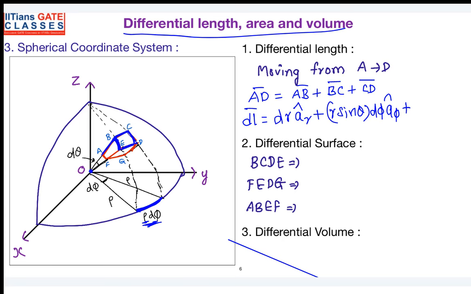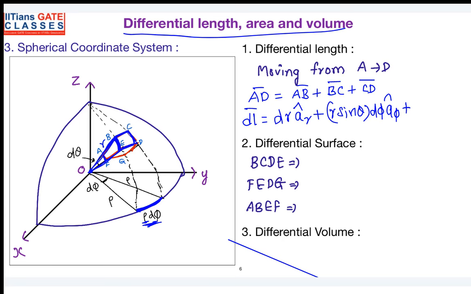So the distance from origin to B is r, and the distance from O to E is also the same radius r. There is a change in the angle, d theta. Since this represents the length of an arc, it is the radius times the angle between them. So radius r times d theta, as there is a change in theta.